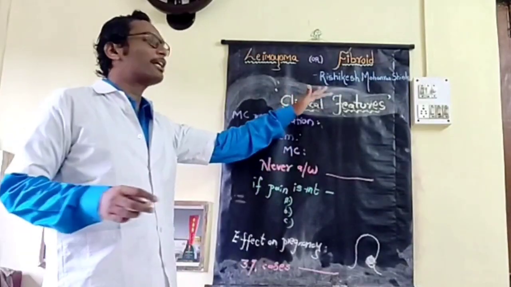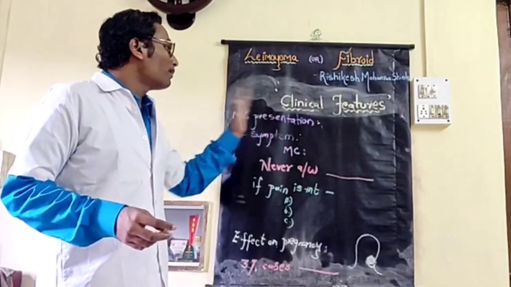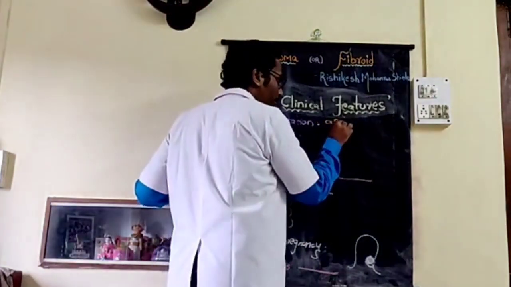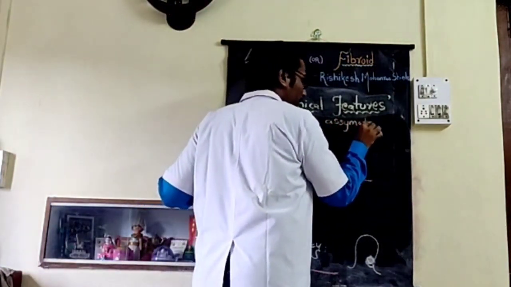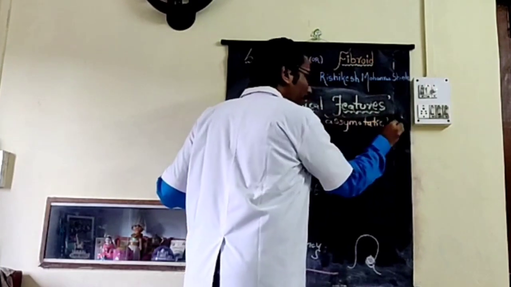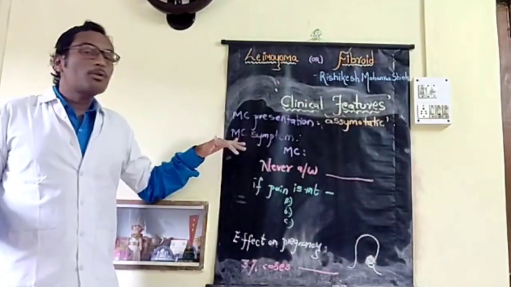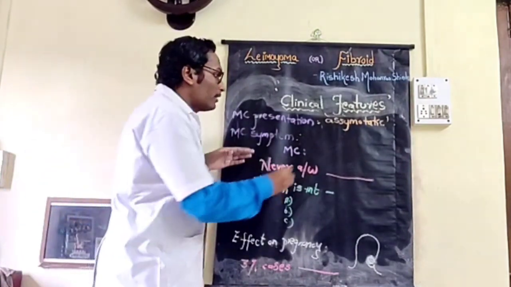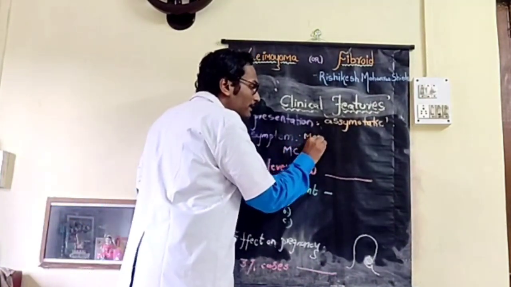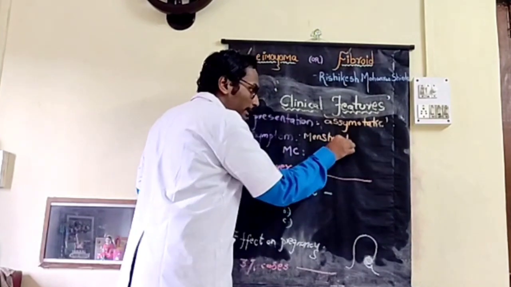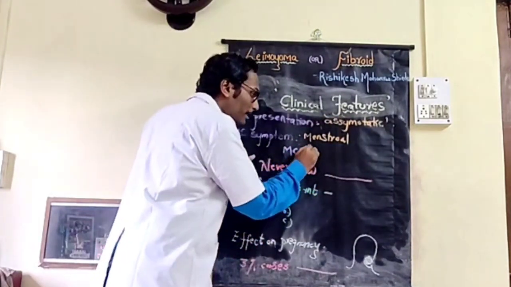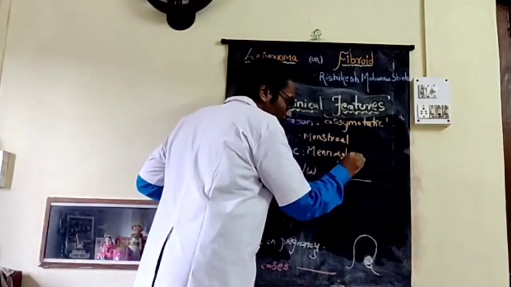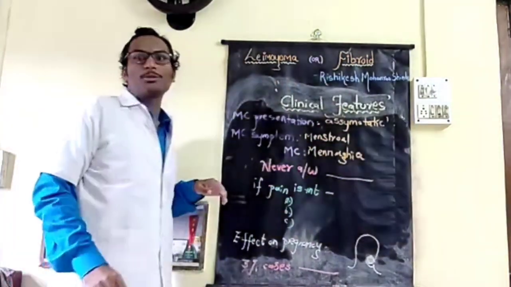Now coming to the clinical features of the fibroid. The most common presentation is asymptomatic. It will not show any symptoms. The most common symptoms are the menstrual symptoms, and among these the most common is menorrhagia, which indicates increased menstrual blood flow.